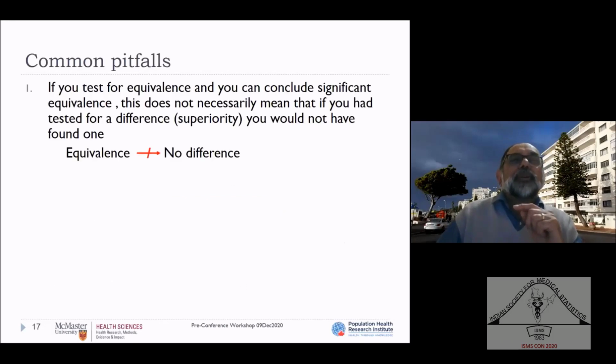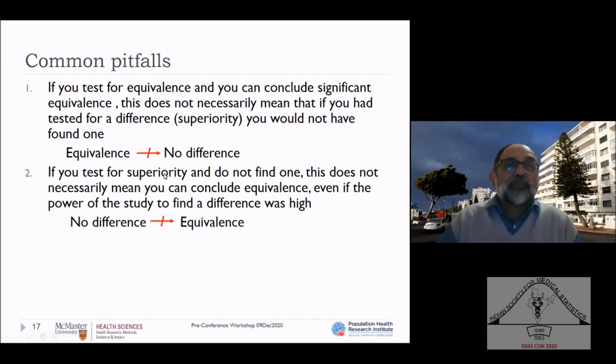Okay. So some common pitfalls to avoid: if you're testing for equivalence and you can conclude significant equivalence, this does not necessarily mean that if you had tested for superiority, you would not have found one. So just because you show equivalence doesn't mean that you would not have shown that there is a difference. And if you test for superiority and do not find one, this does not necessarily mean that you can conclude equivalence.